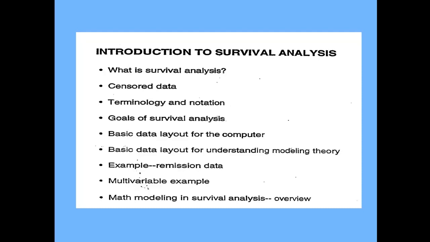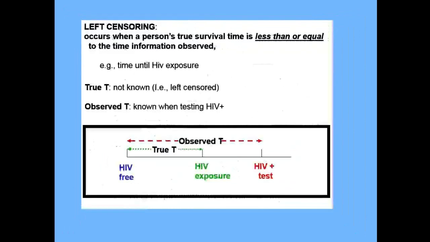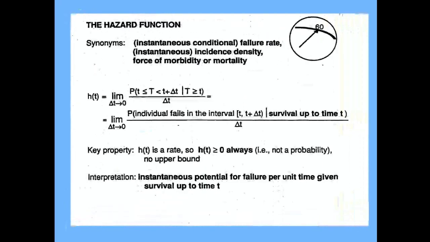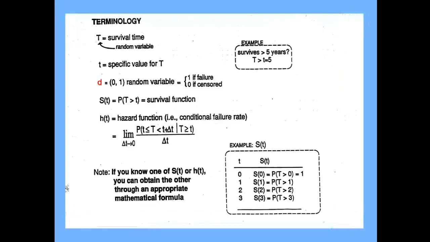We looked at the basic data layout. I'm just skipping around here. We talked about the notation for survival analysis, where capital T denotes the variable survival time, and little t denotes a specific value you might be interested in, to see whether somebody's survival time exceeded some specific time of interest, such as whether the probability of surviving is greater than, say, 5 years.